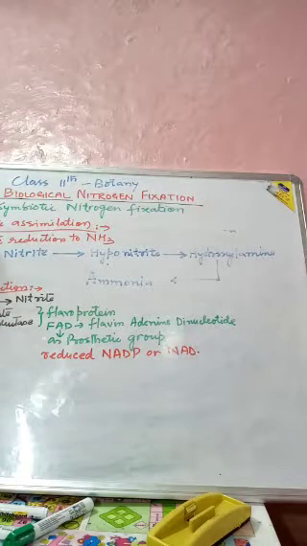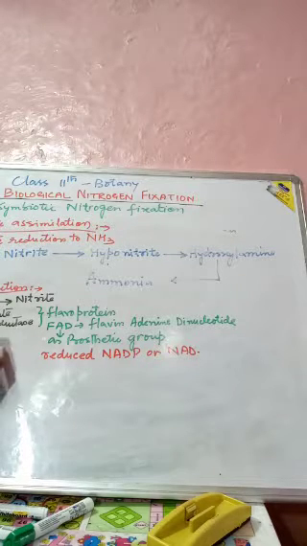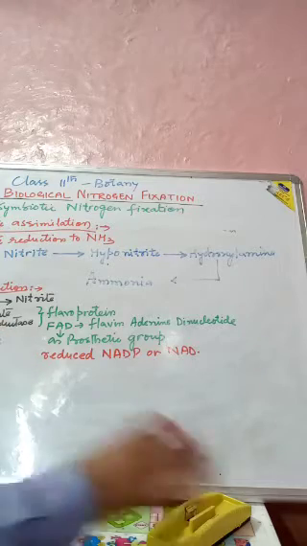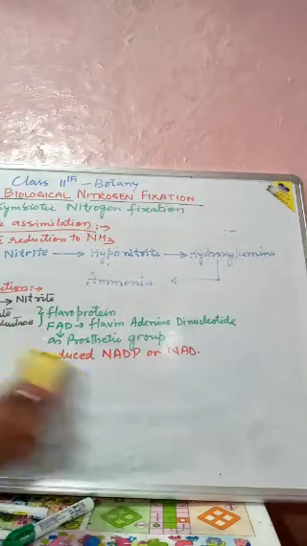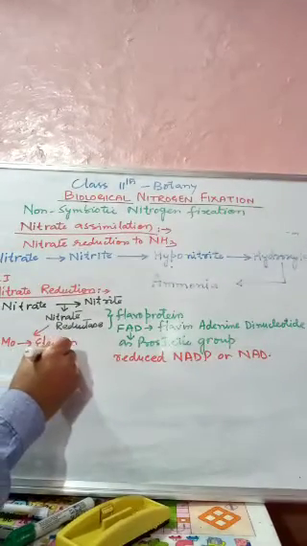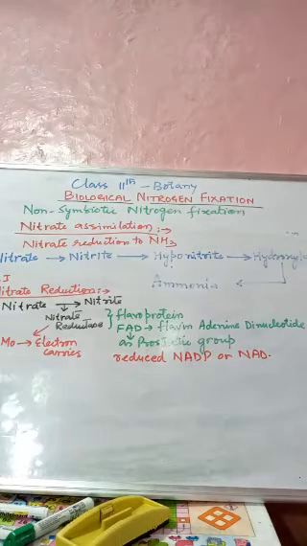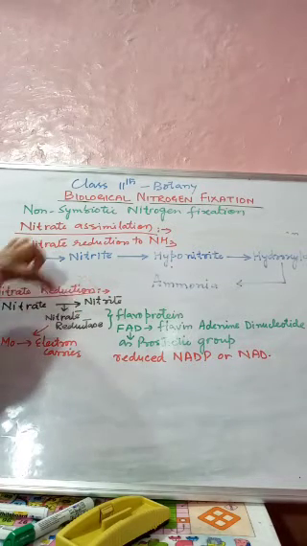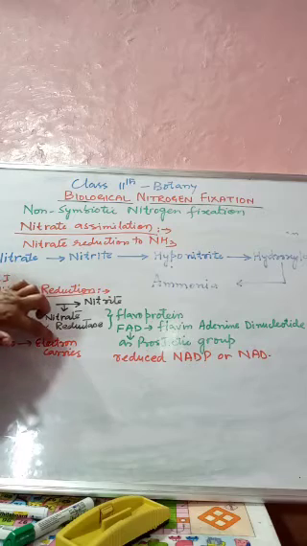Now, in this nitrate reductase there is molybdenum, and this molybdenum acts as an electron carrier. So in the first step, nitrate is reduced to nitrite by the enzyme nitrate reductase.